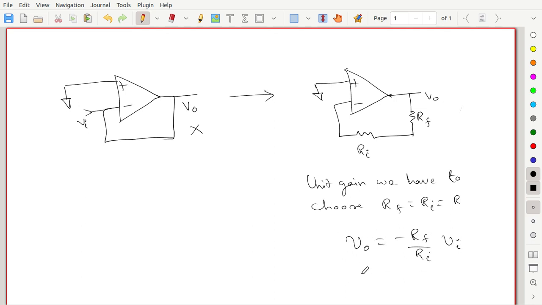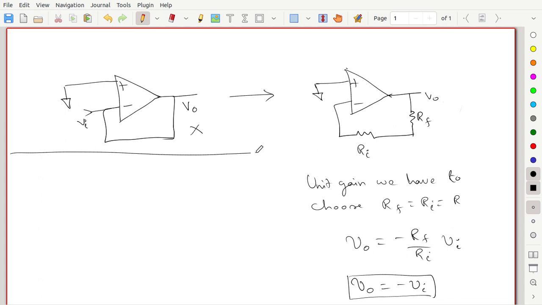V out by V in. In order to make it 1, we have to choose both the denominator and the numerator of the same value. In such a way we can make V out equal to minus V in. So this is for the inverting buffer.